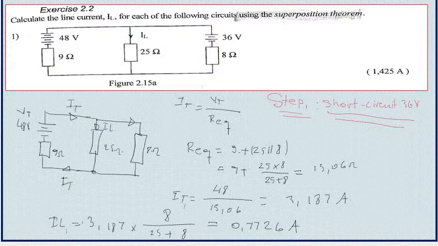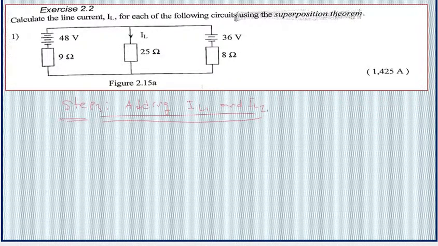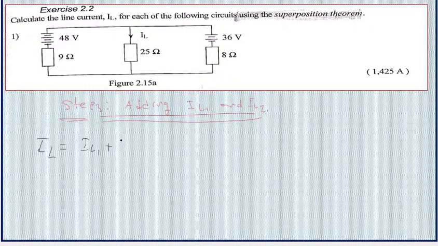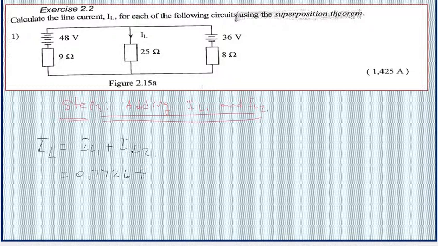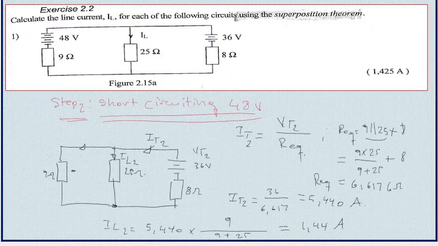So IL is equal to IL1 plus IL2. IL1 is 0.7726, and then IL2 is the current that I determined in the second step. So we get 1.44, which represents IL2.